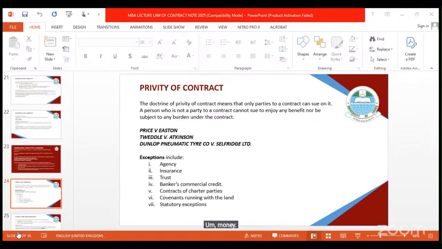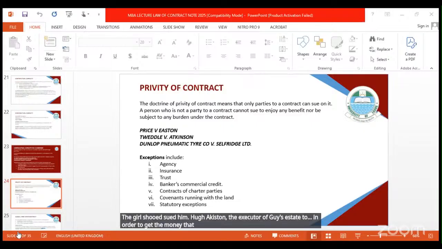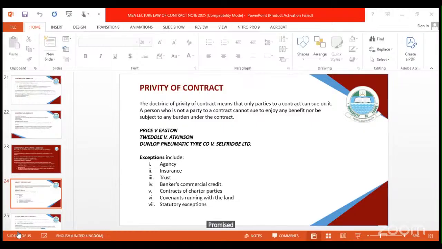William Guy died without paying his agreed sum, so William Tweddle, the groom, sued Atkinson, the executor of Guy's estate, to get the money he was promised. The court ruled in favor of Atkinson, stating that William Tweddle could not sue because he was not party to the contract between the two fathers and had not provided any consideration to it.